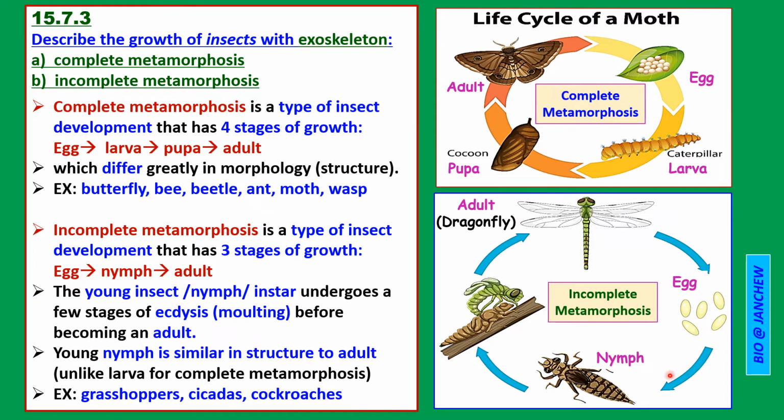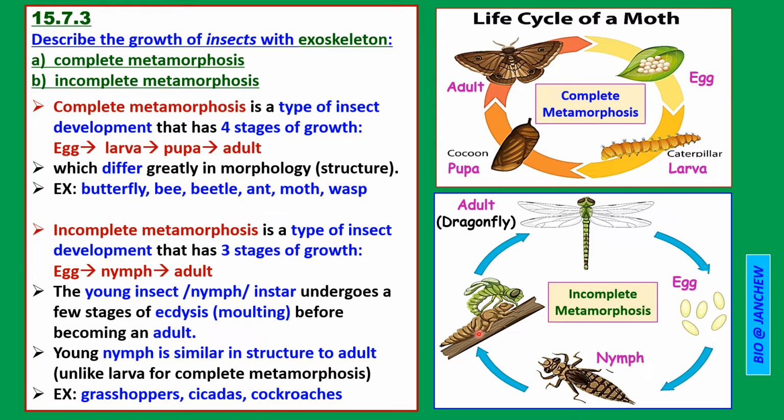When the egg hatches, it will allow the small nymph to emerge. All right. Then this nymph will undergo a few stages of ecdysis or molting, meaning it will shed its old exoskeleton that may limit its growth, or hinder its growth.